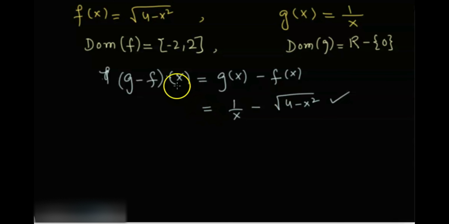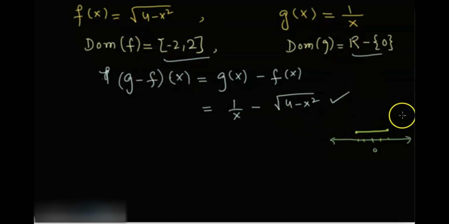So the domain is going to be the intersection of these domains. First you need to understand what the intersection of these domains is. On the real line, let's say here we have 0. So this set, minus 2 to 2, is basically minus 1, minus 2, and 1, 2 here. So this is the domain of f.